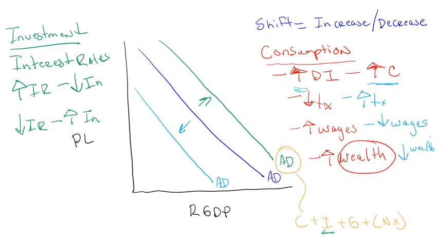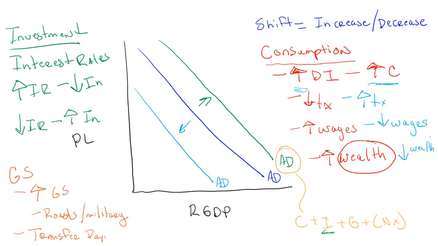Government spending, right? So if we change our government spending, so increase our government spending on things like roads, military, things like that, that can increase your aggregate demand. What is not included in here are transfer payments.